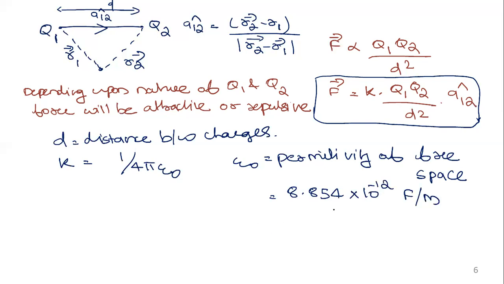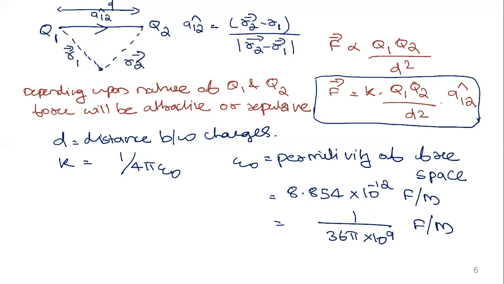This 8.854 into 10 raised to minus 12 can also be replaced by 1 by 36 pi into 10 raised to 9, since the calculation with 8.854 is complicated. So epsilon 0 can be replaced by 1 by 36 pi into 10 raised to minus 9. When you do one or two problems, it will be clear.